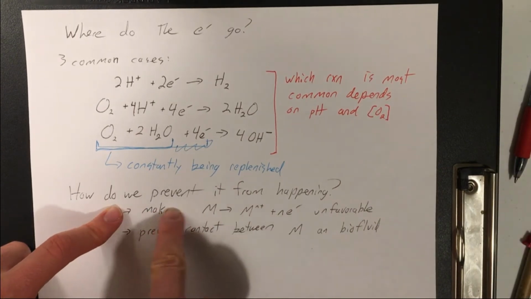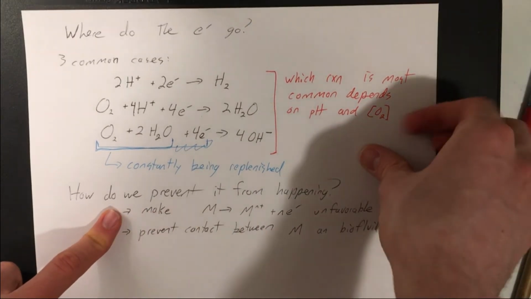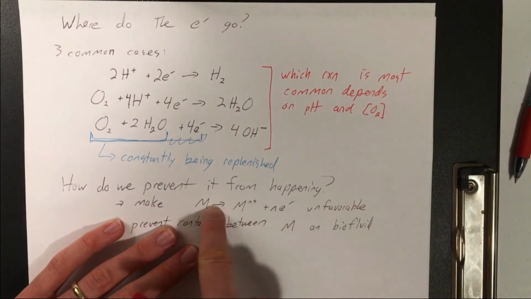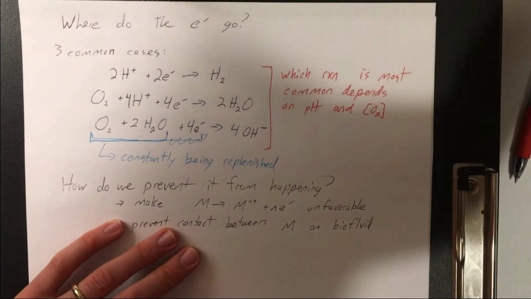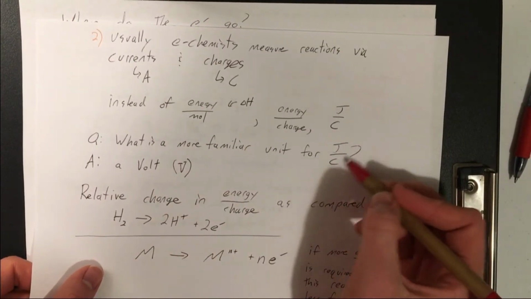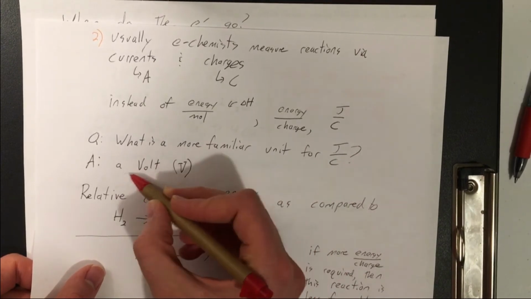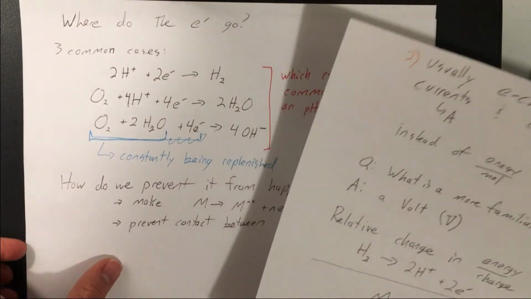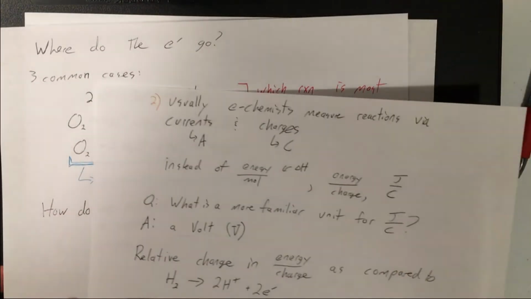All right, so now we're going to talk about cases where this first reaction would be unfavorable. In order to do that, let's tabulate lots of values. When we were talking about how electrochemists characterize the energetics, they do so by talking about the joules per coulomb, or the voltage, or in a sense the electrochemical potential associated with the ionization of the metal.